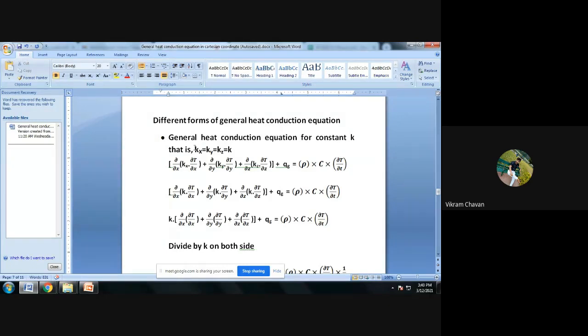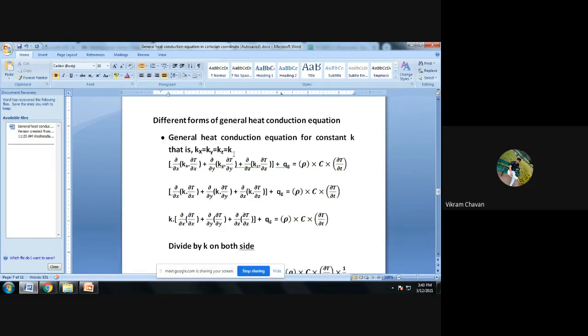If the material is isotropic and K is constant throughout, then K suffix X is equal to K suffix Y is equal to K suffix Z is equal to K.